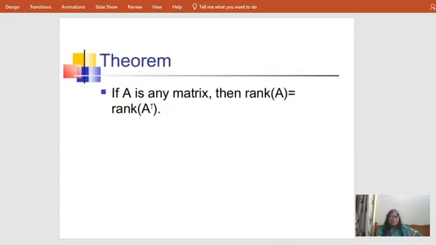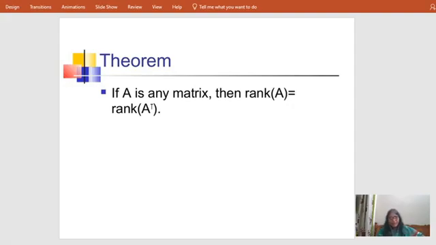Our theorem says that if you consider any matrix, then the rank of A is equal to the rank of A transpose. In the last video, we proved this in an example. For a given matrix, we considered A transpose, and after finding the row space, we concluded for the column space.